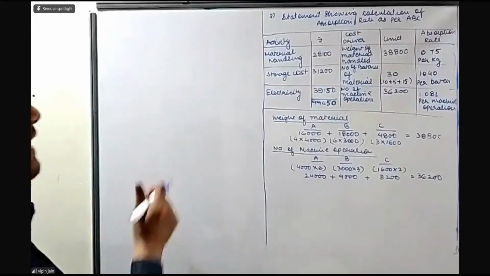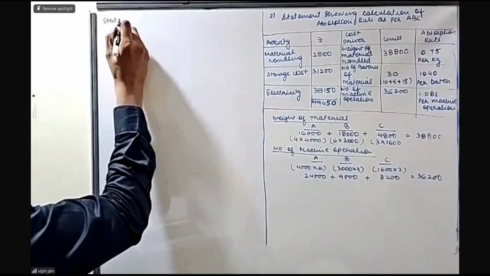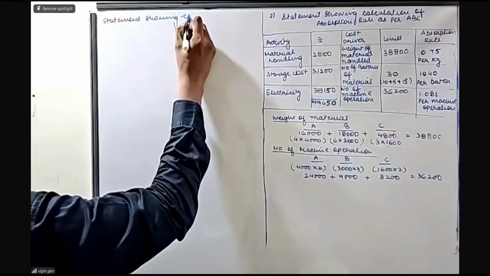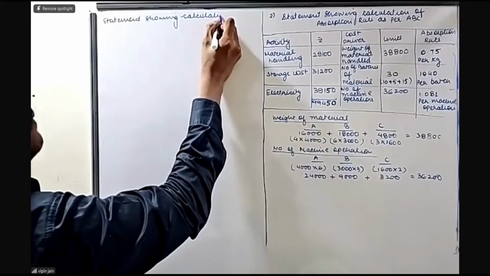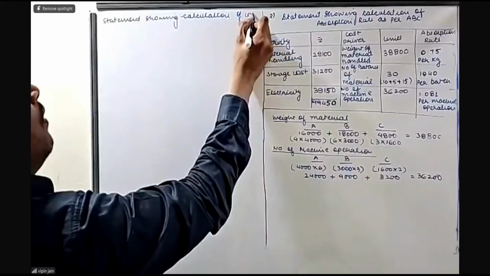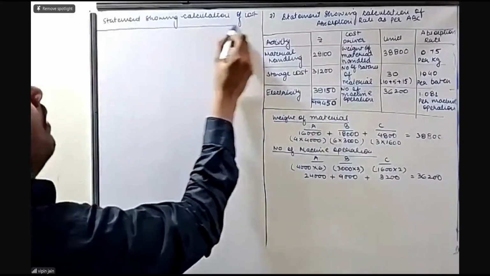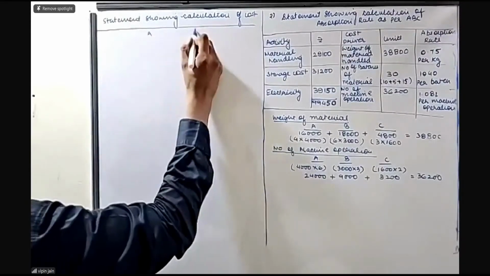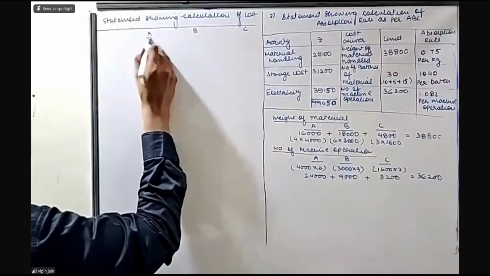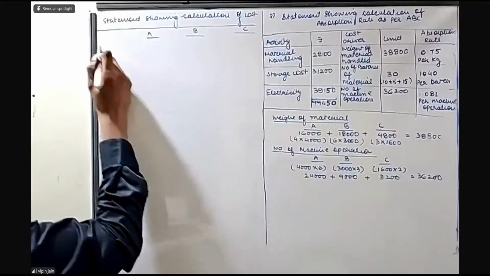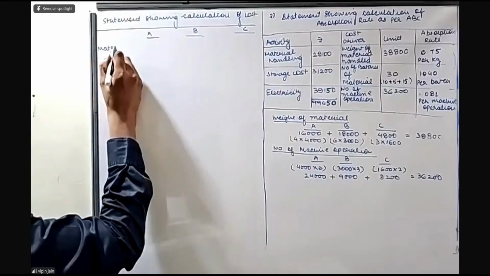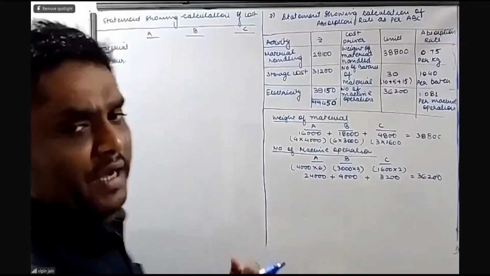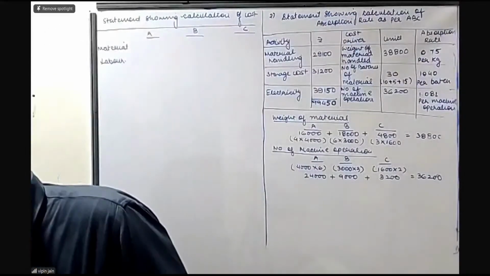Now let's go with the final calculation, that is the statement showing calculation of total cost. Material and labor, we have already discussed how to calculate.